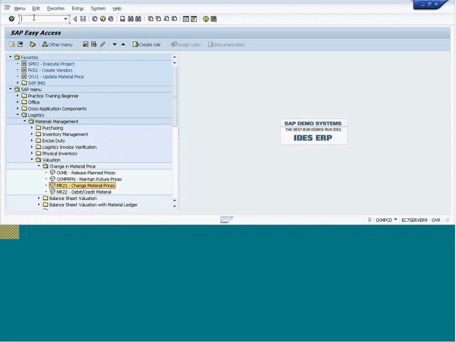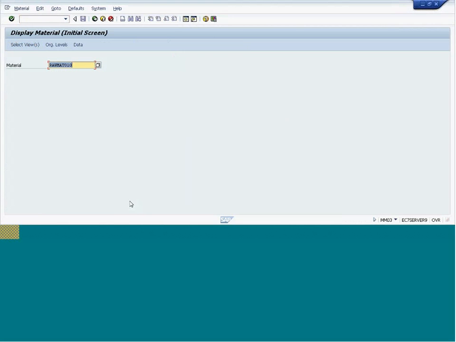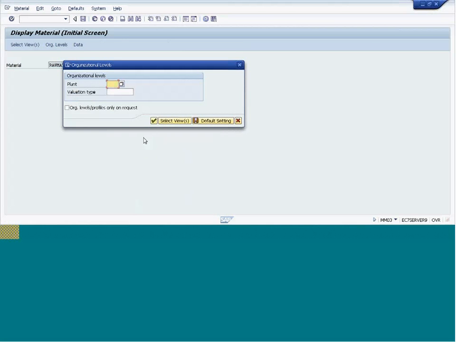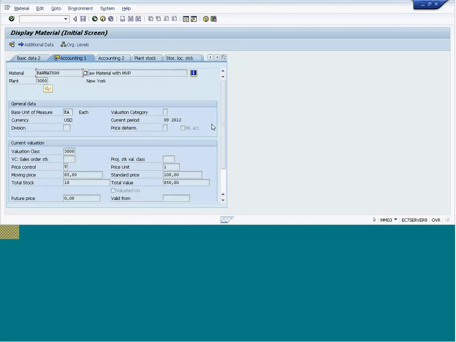But still you can go and see display material, for 8, and for accounting. Right, you see this is $100, it changed, but you still had a moving average price change.